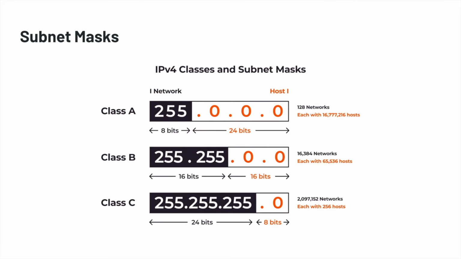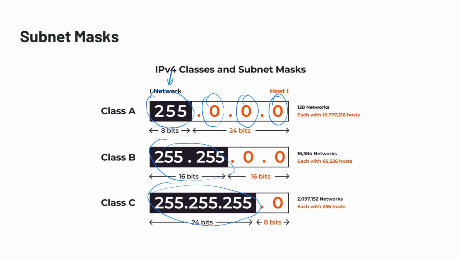Just another note on subnet masks, we have different classes. So this right here is going to be an 8-bit subnet mask because we only have 255 right here. This is going to be a 16-bit, and this is going to be a 24-bit. Whether we work with any of these is going to be specified in the question that we're dealing with. And the big distinction is that if we only have an 8-bit subnet mask, that means all of the remaining parts can function as hosts.